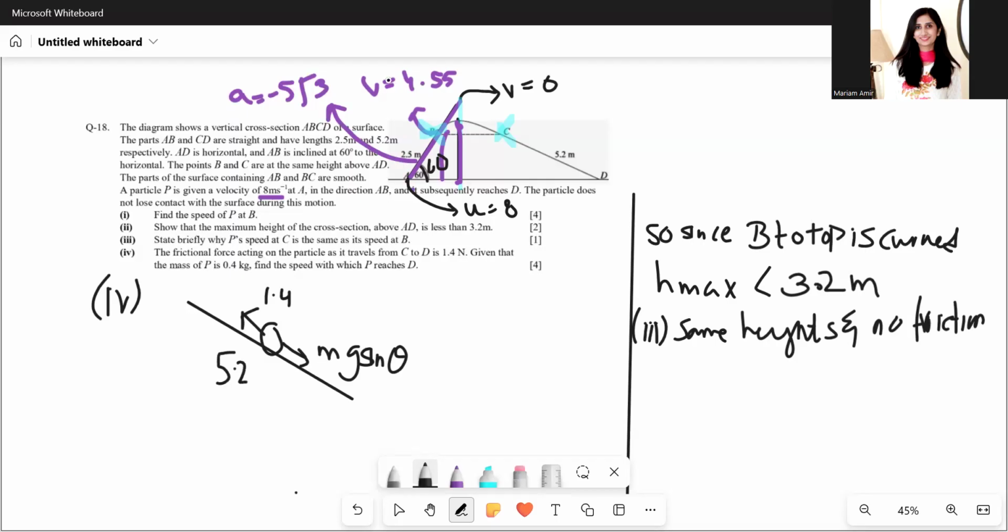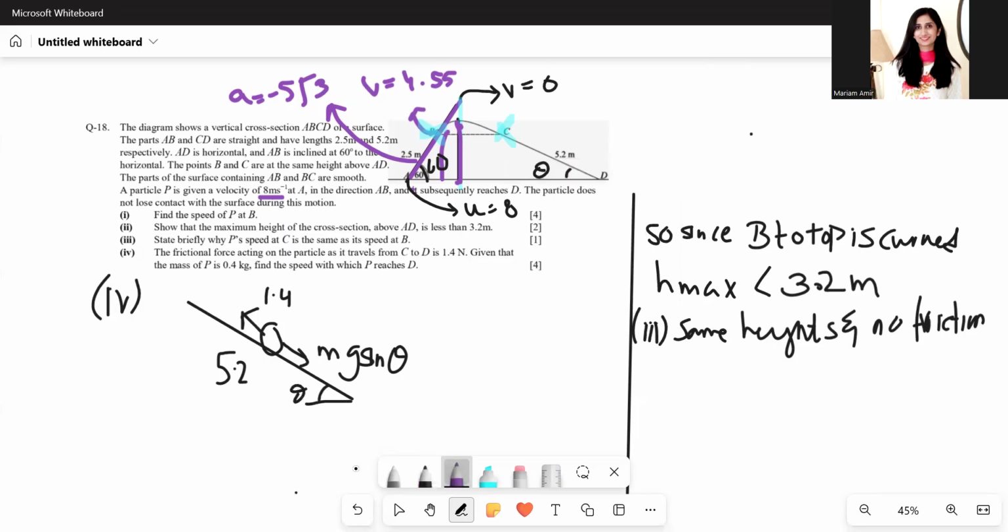Let's use forward force minus backward force is equal to ma. The forward force is mg sine theta. Now the problem is we don't have this angle theta, so we will need to find it somehow first.